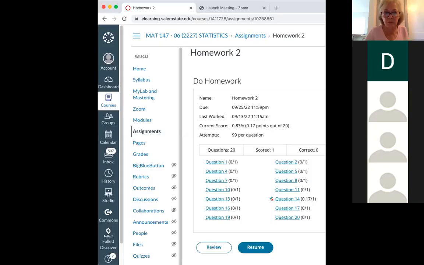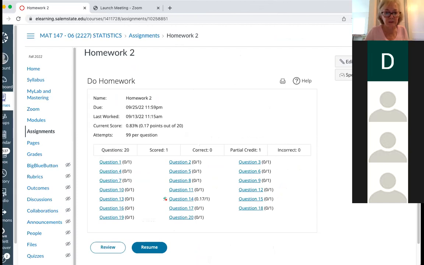Oh no. Okay, now the magic worked. No, the magic didn't work. Oh, share screen. Okay.